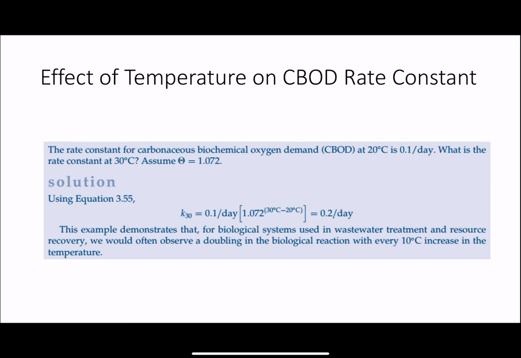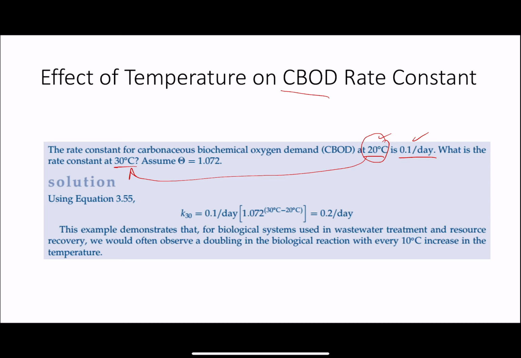Let's find the effect of temperature on the carbonaceous biochemical oxygen demand rate constant. The rate constant for carbonaceous biochemical oxygen demand, CBOD, at 20 is 0.1 per day. Okay? So K at 20 is 0.1 per day. What is the rate constant at 30? Look at this. You go from 20 to 30.